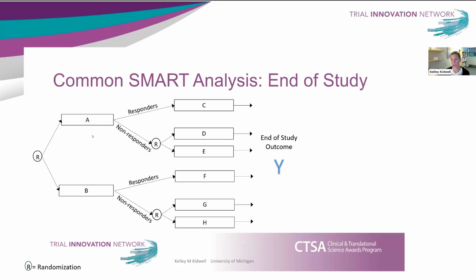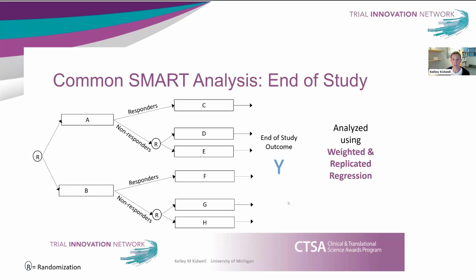And/or we can answer questions about what do you first start with, averaging over subsequent treatment? And for this, the most commonly used method is what we call weighted and replicated regression. I talked more about that in my first talk, so I won't spend too much time going over it, but there are excellent resources if you're interested in learning more, and I'll touch slightly on it as we move forward.